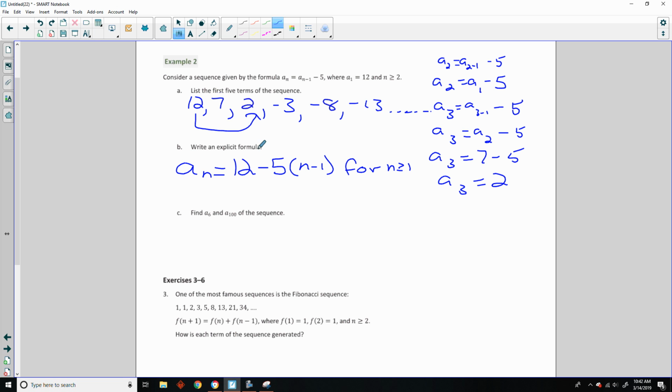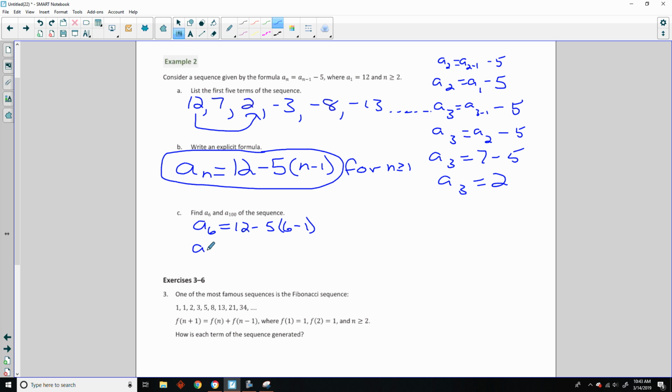Now it says to find a sub 6 and a sub 100. Now that we have this formula, we can find any value. So a sub 6 equals our first term minus 5 times our n, which is 6, minus 1.